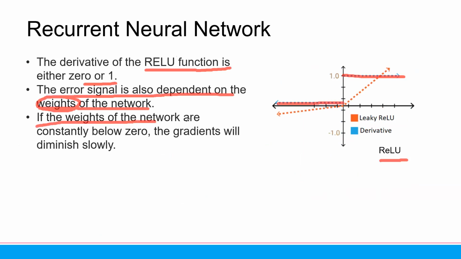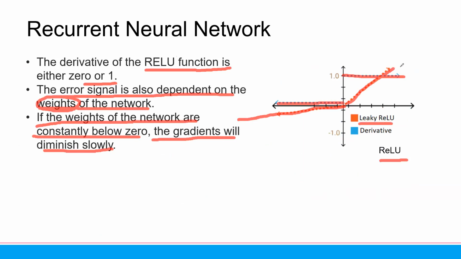If the weights of the network are constantly below 0, then the gradients will diminish slowly. So if it is below 0, then it will degrade slowly. There's another option: we can use the leaky ReLU to improve this kind of activation.